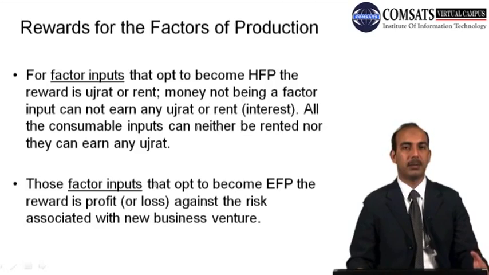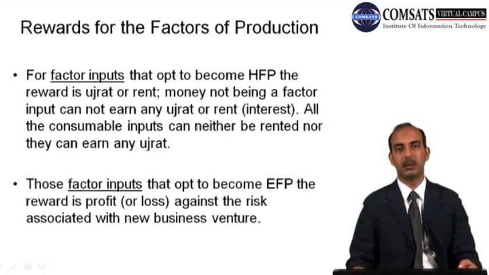But under the Islamic economic system, monetary resources are consumed inputs, so they can't be paid any profit or any rent. And as said earlier, all those factors of production that are exposed to risk while starting any new business activity, their reward is profit.